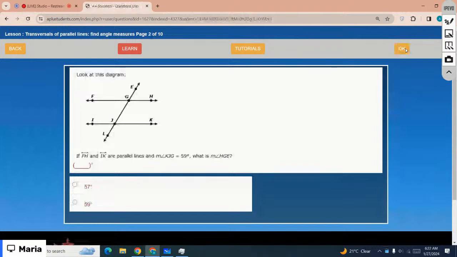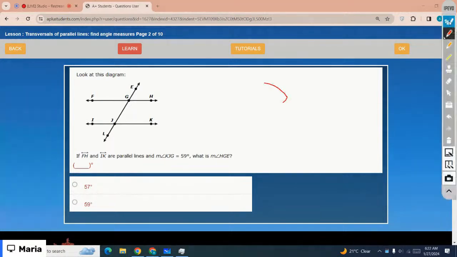Look at the diagram. If FH and JK are parallel lines and measurement of KJG is 59 degrees, what is HGE?